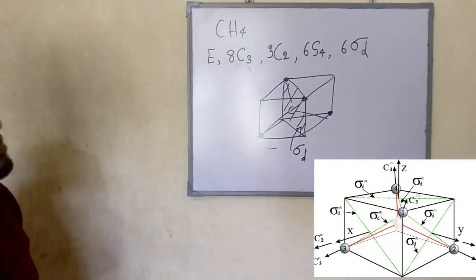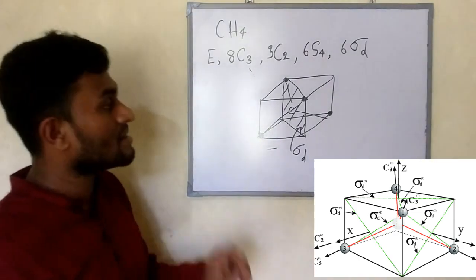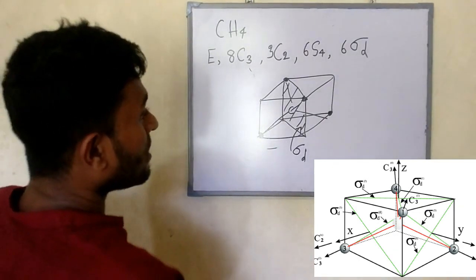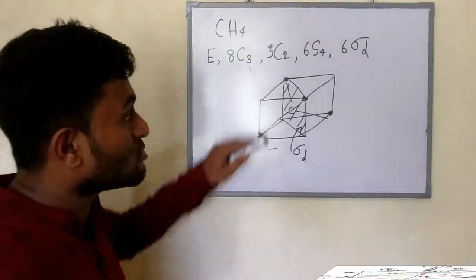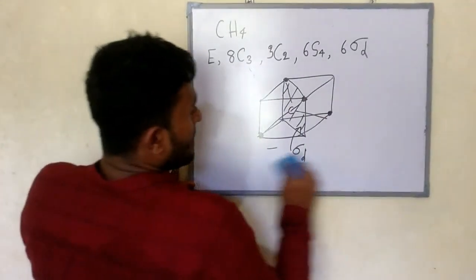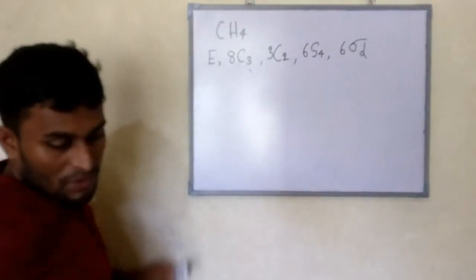Same like this, you can think about 6 sigma d. Just think about how the other sigma d's are coming in this cube. That's very much possible. And S6 is also possible.